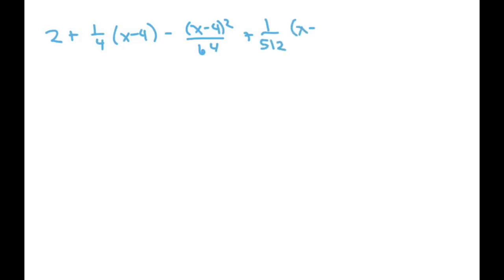Now we have 2 plus 1/4 times x minus 4 minus x minus 4 squared over 64 plus 1 over 512 times x minus 4 cubed minus 5 over 16,384 times x minus 4 to the 4th plus dot dot dot.